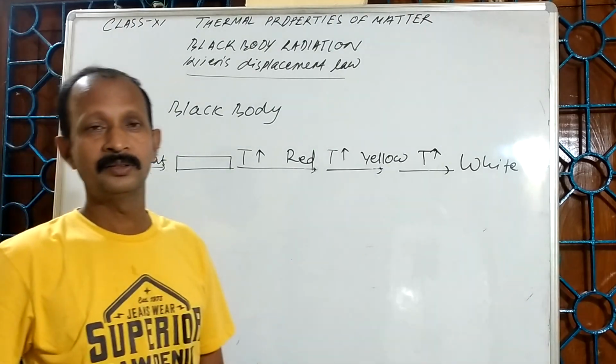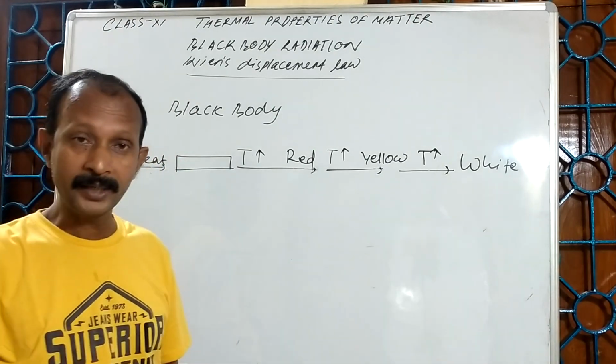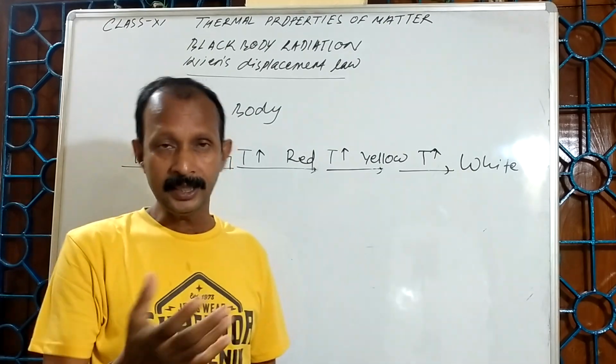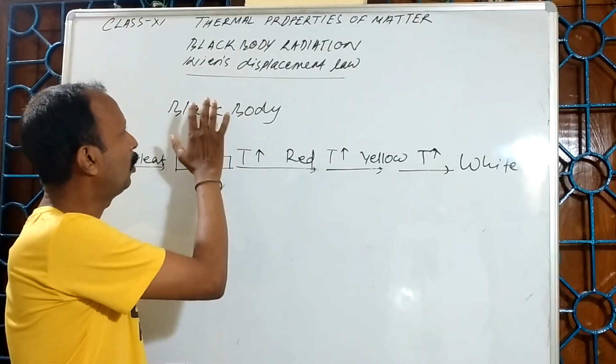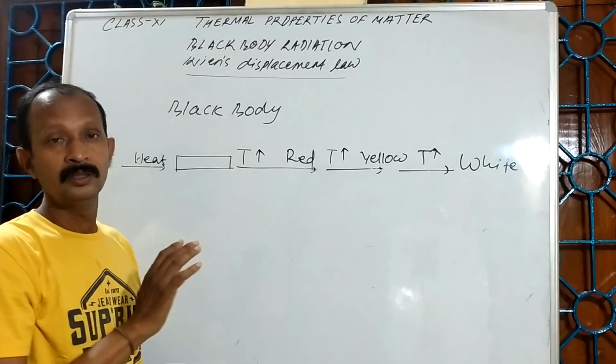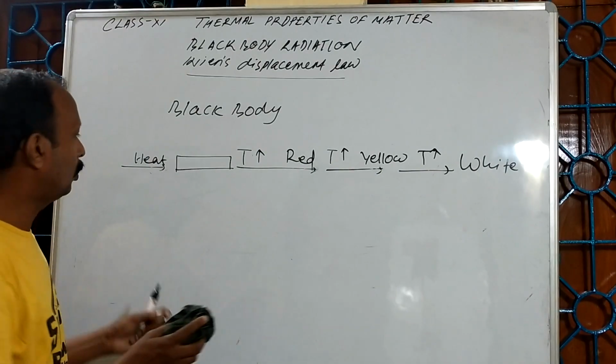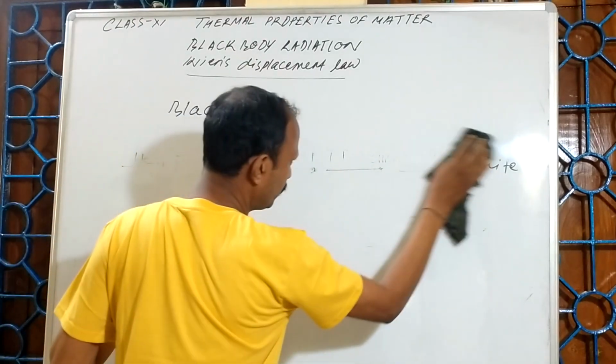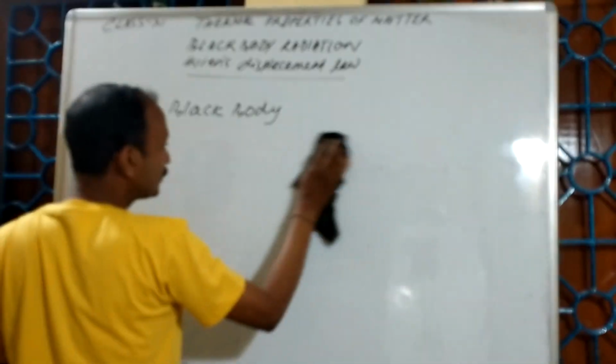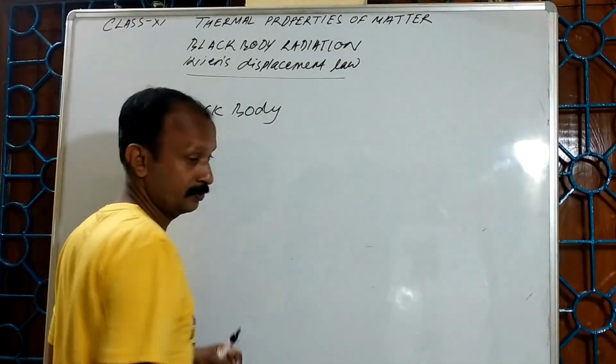So at first we have to learn what a black body is. Thereafter I shall explain Wien's displacement law. So what do you mean by black body? You might have heard this word several times.